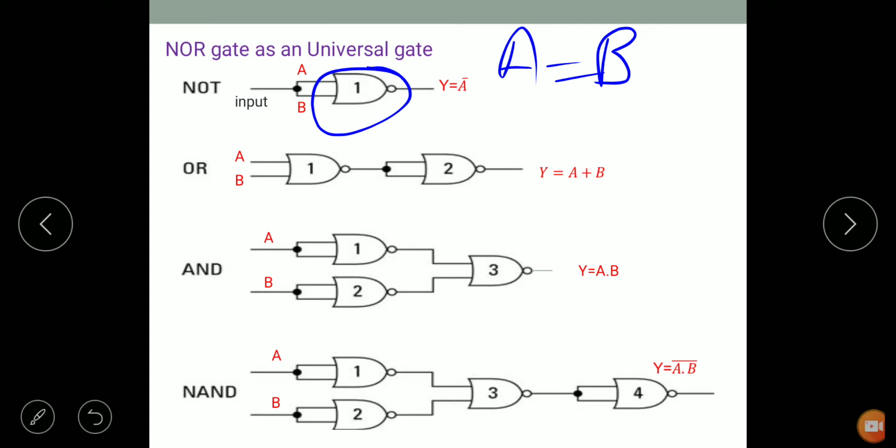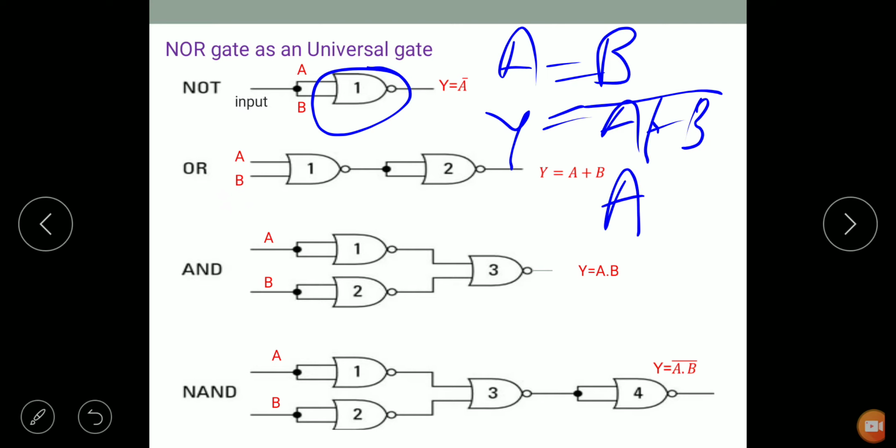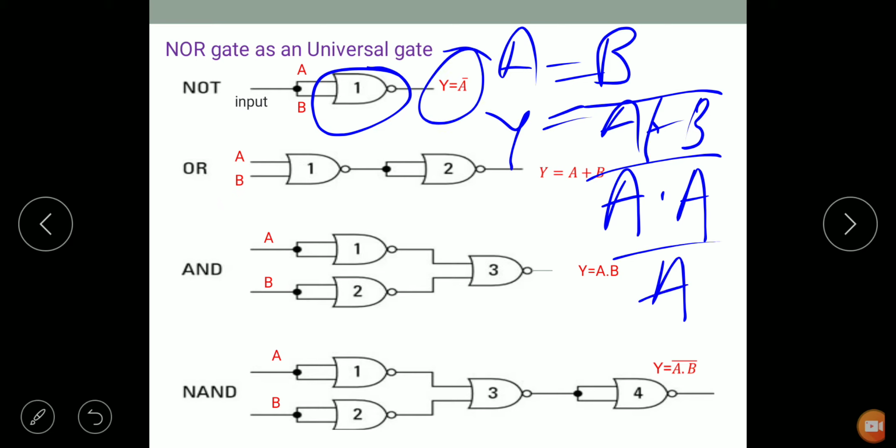So Y is equal to A plus B whole bar. But here A is equal to B, so A plus A whole bar, that is A bar. This gives the NOT equation.